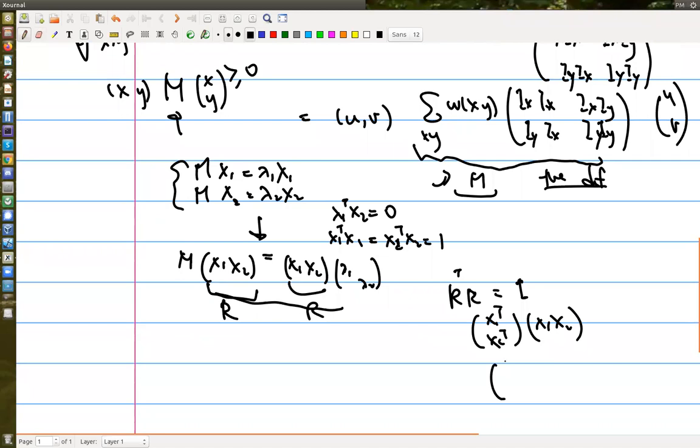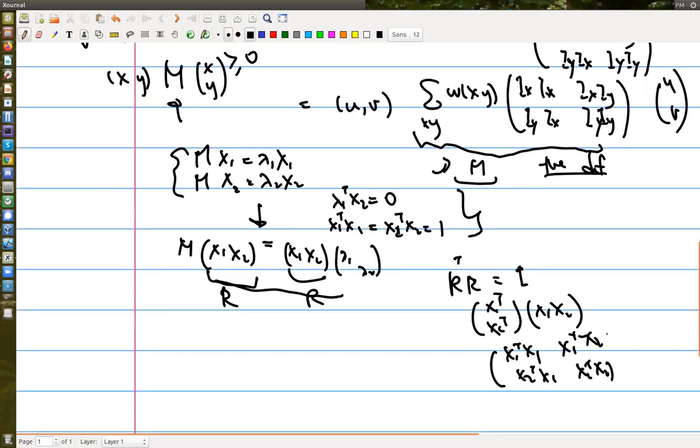Then this gives me x1 transpose x1, x1 transpose x2, x2 transpose x1, and x2 transpose x2. As we said here, x1 transpose x2 is 0, so these two are 0, and these two are 1 because of here.